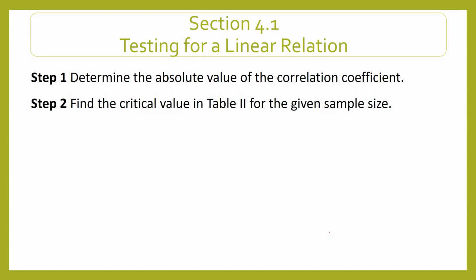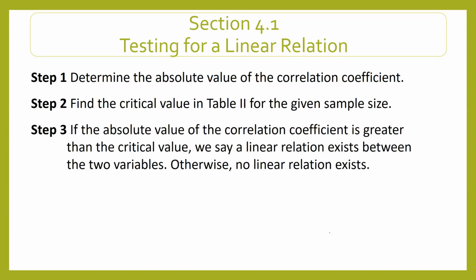You can easily get that on the internet, a critical value table. If the absolute value of the correlation coefficient is greater than the critical value, we say a linear relation exists between the two variables. Otherwise, no linear relation exists. Again, all we claim here is that no linear relation exists. We do not say that there is no relation between them. Okay.